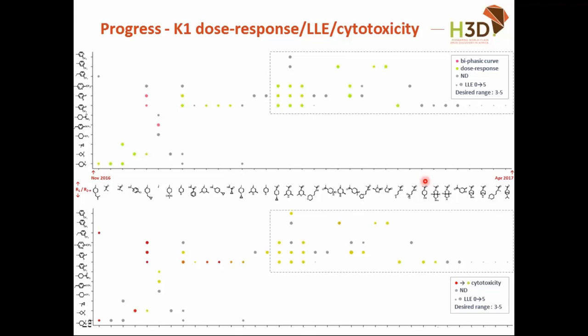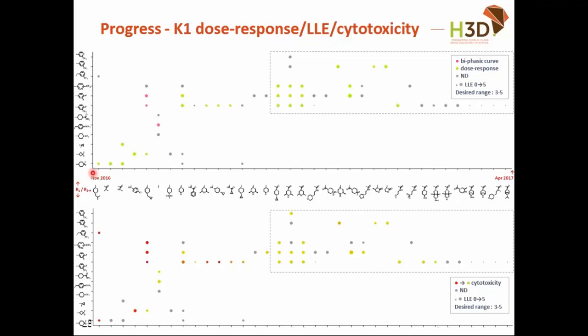So one example here is how we manage to move away from that K1 dose response and still be in a good chemical space with a good ligand lipophilicity efficiency and no cytotoxicity.